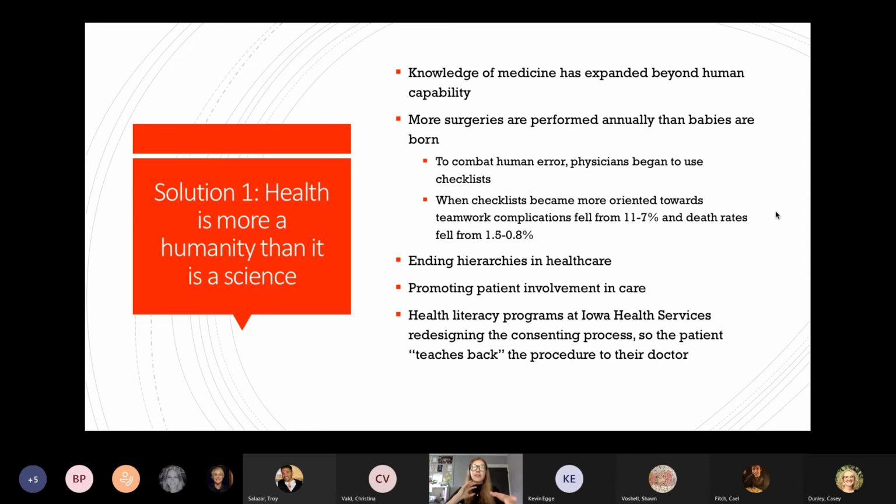So they started orienting the checklist towards teamwork, which meant introducing yourself to the other healthcare workers in the room, discussing the goals of the operation, who the patient was.